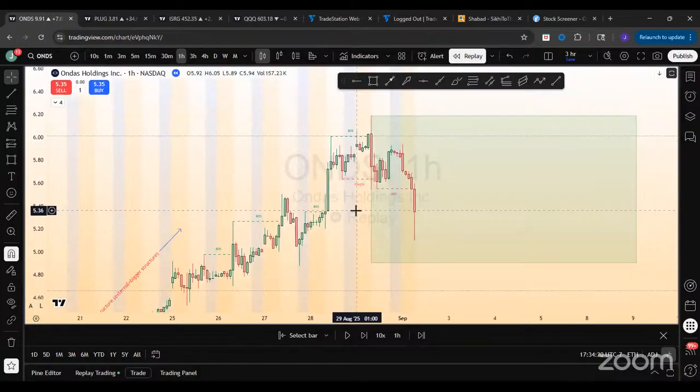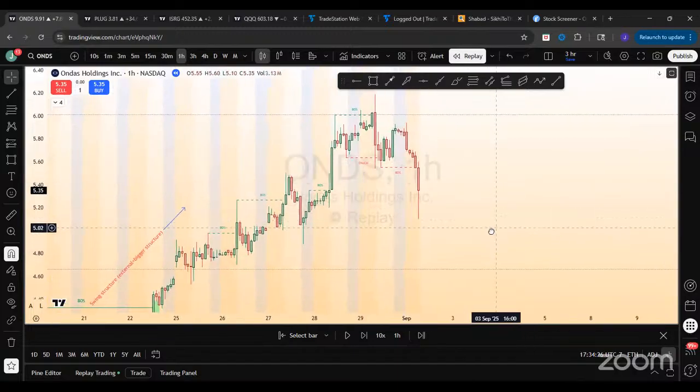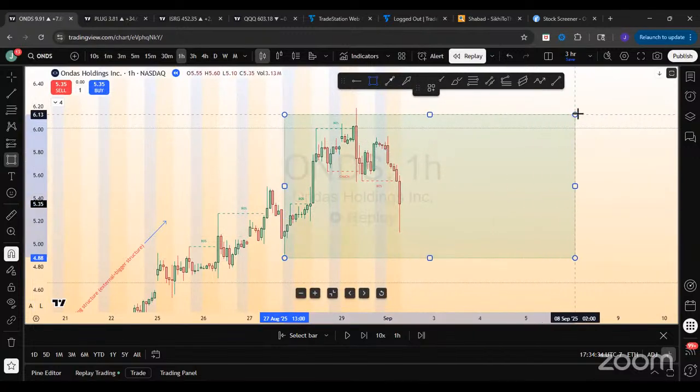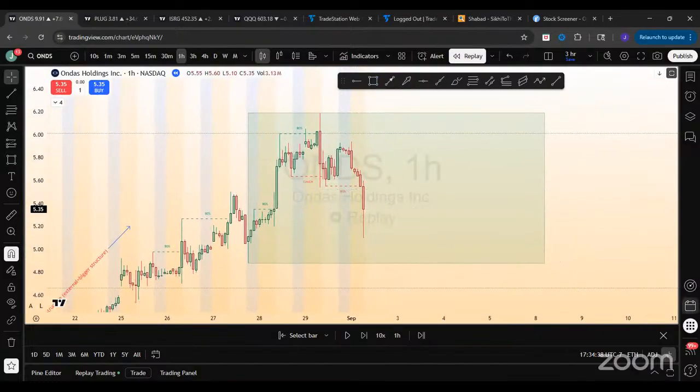Where was this structure? You could have marked this as a swing. This is the swing low. This is the structure right here. Within this structure it's dipping, but this is also an opportunity to buy.